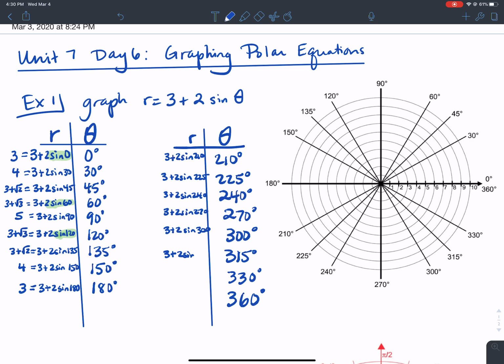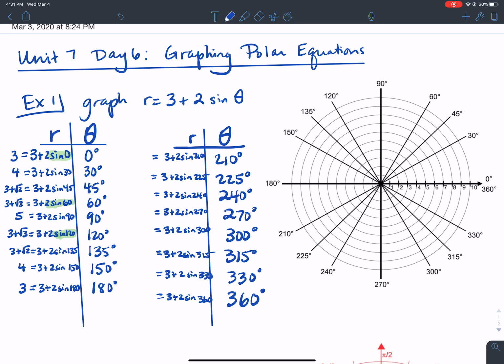Let's go around. And then you should always, at the very end, get the same value that you started with. It's a nice thing about circular functions and circle graph paper that it's cyclical and it should come back to where you began.